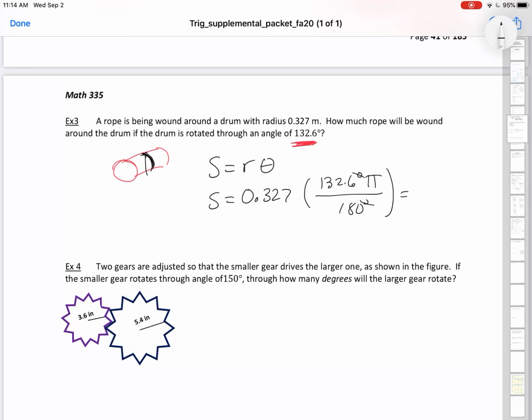Okay, so 0.327, 132.6 times pi divided by 180, and I'm looking at the number S is equal to 0.7567. So I'll do 0.757 of a meter.